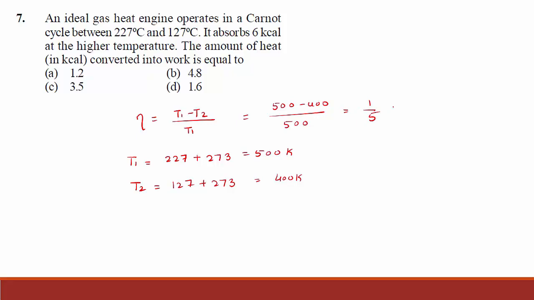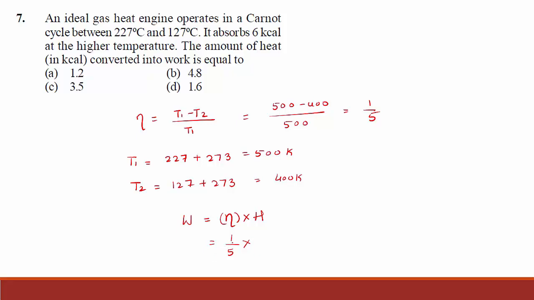The amount of heat which is converted into work, that means we can write work done. We can use this equation W equal to eta into H, where W indicates work done, eta is efficiency, H indicates heat energy. Substitute the value eta, we got 1 by 5 into, and amount of heat energy is 6 kilocalorie.